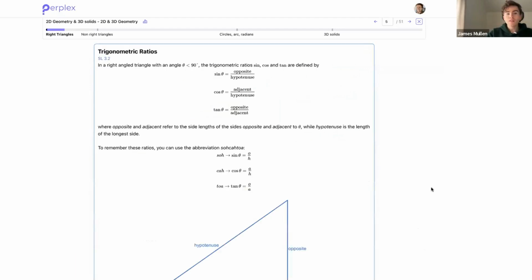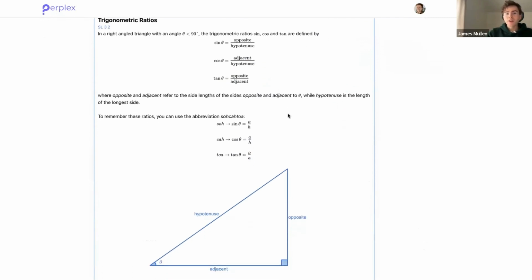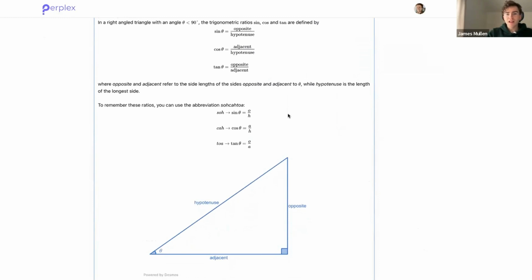All right, now the trigonometric ratios, SOHCAHTOA. When I have a right angle triangle with an acute angle theta, less than 90 degrees, then the trigonometric ratios sine, cos, and tan are defined by sine of theta is equal to opposite divided by hypotenuse.